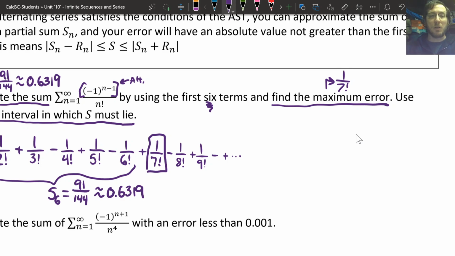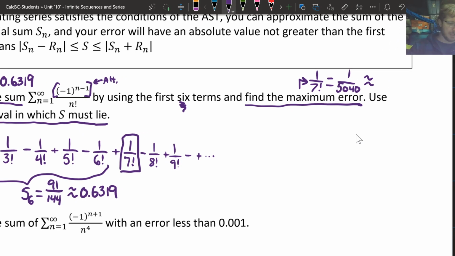That tells us how good our approximation is going to be. It's going to be within the bounds of our approximation plus this and our approximation minus this. All right, 7 factorial is 5,040. And if you put that in your calculator, you get some scientific notation, which we got 3 zeros and then 198.